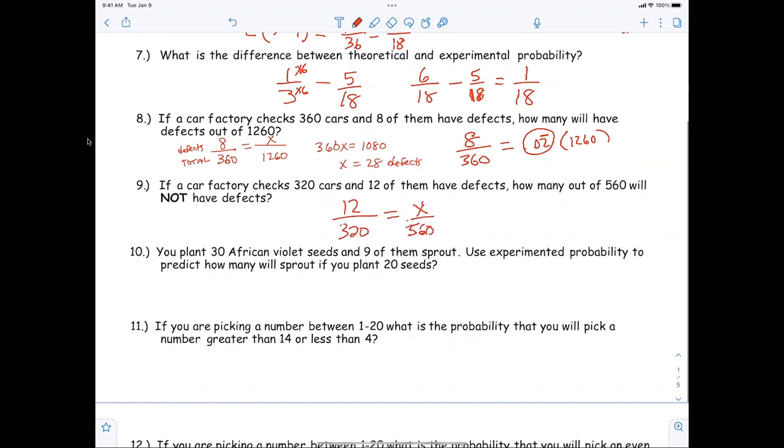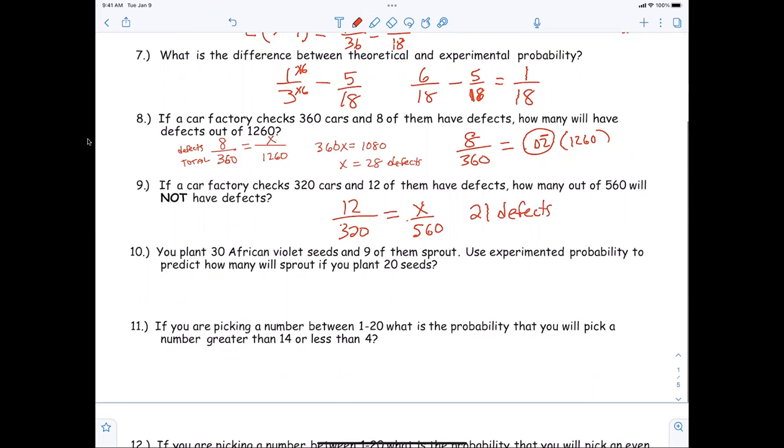Then 12 times 320 is 3,800. Wait. 12 times what? 12 times 560. Yeah, slow down and get it right, buddy. Equals 6,720. And then what? Then divide by 320, equals 21. So 21 represents the number of defects, though.